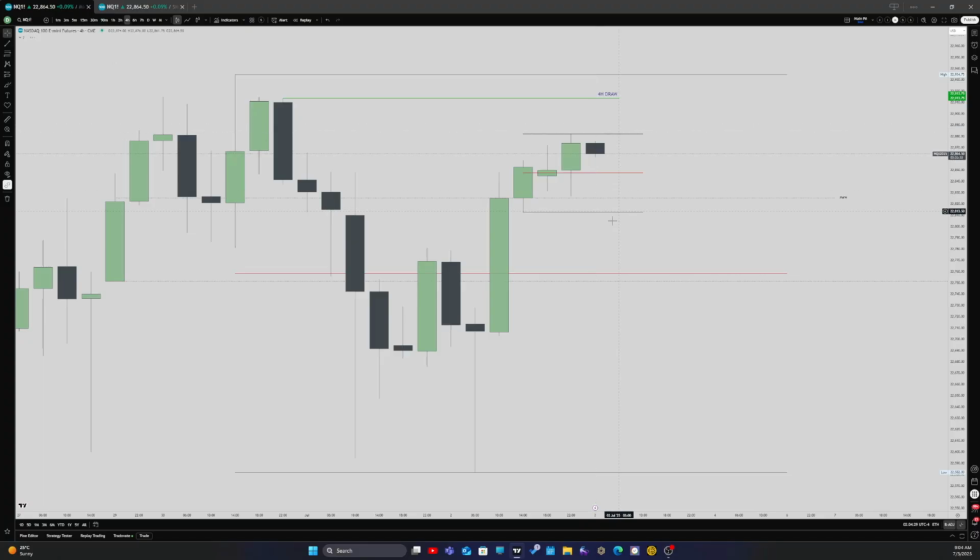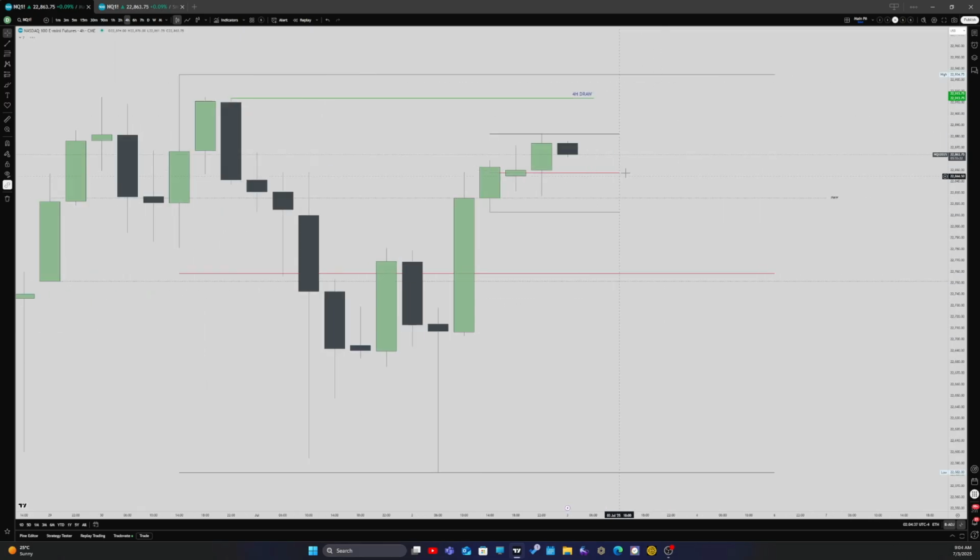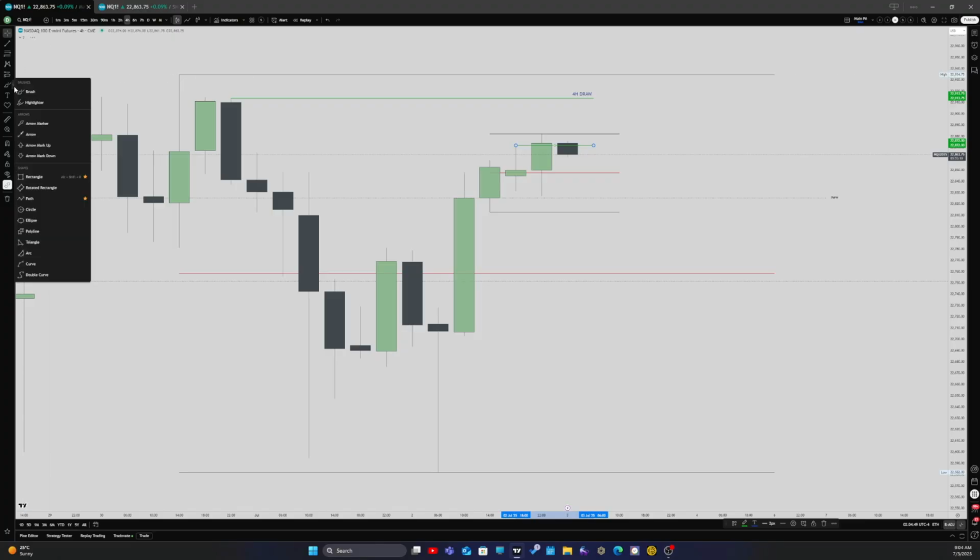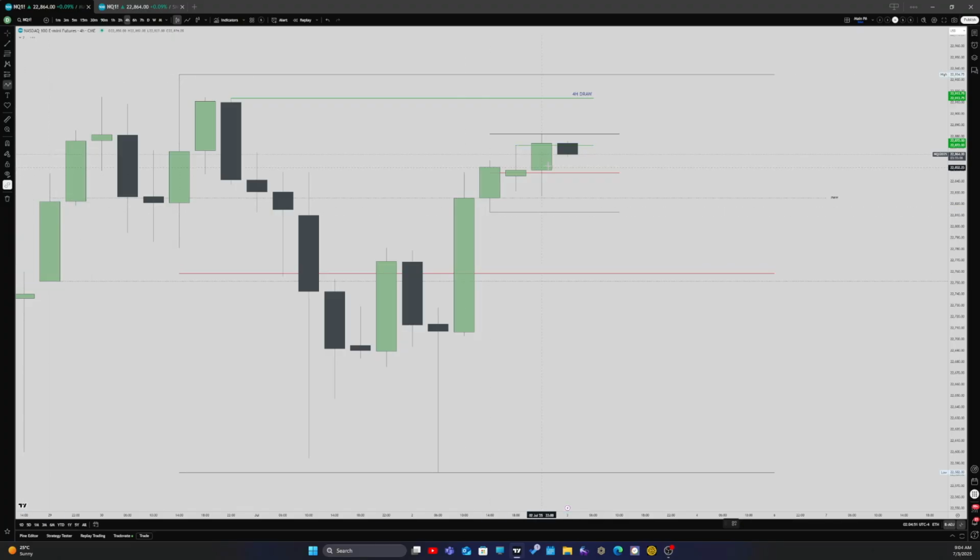So ideally, price would continue to this 4-hour draw on liquidity. On the 4-hour, the bearish scenario is that price comes down from this level. After taking this level, price comes down into equilibrium.